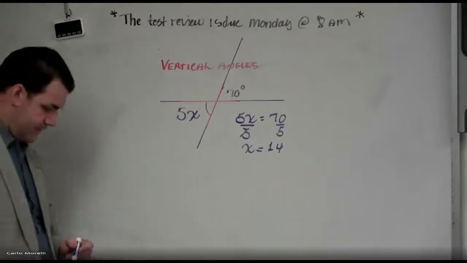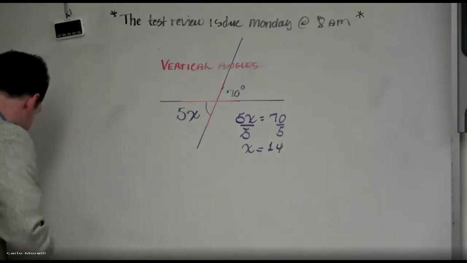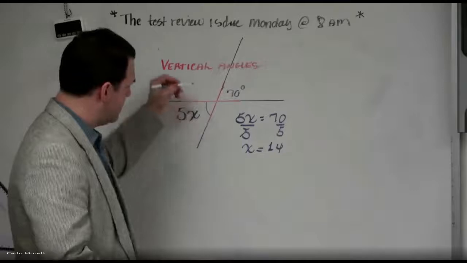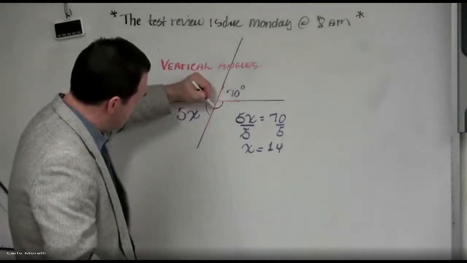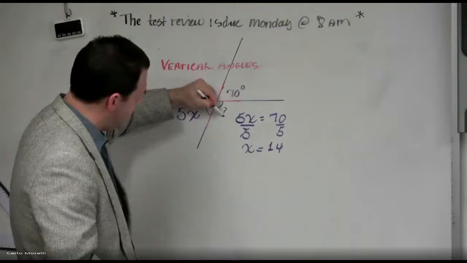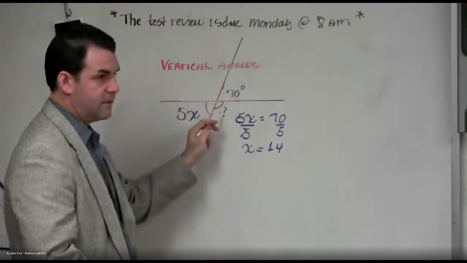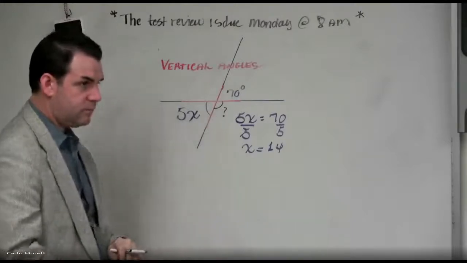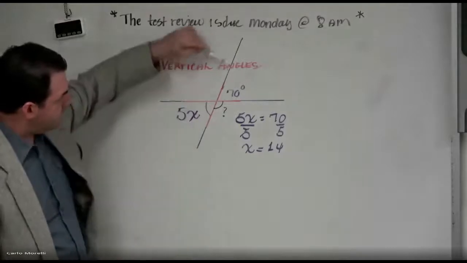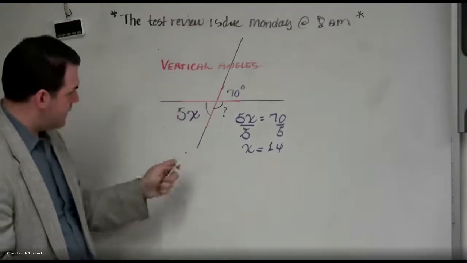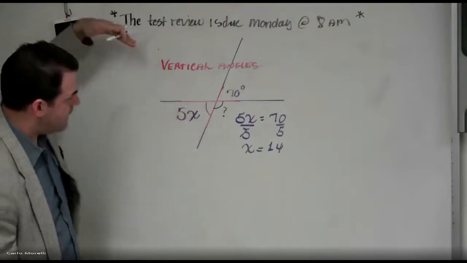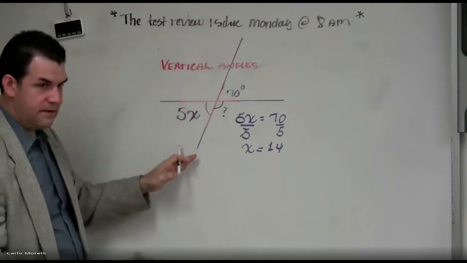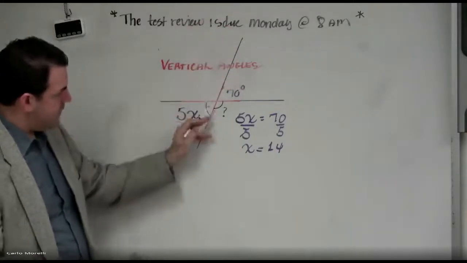Now here's a question that can be done with the same picture. What is this angle right here? What's that angle measurement? Notice that if you were to take your vantage point, instead of looking at this picture like this, if you looked at it down like this, where this line is the bottom now, 70 forms a linear pair with this question mark.